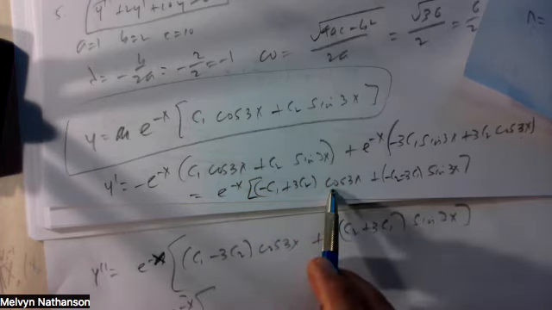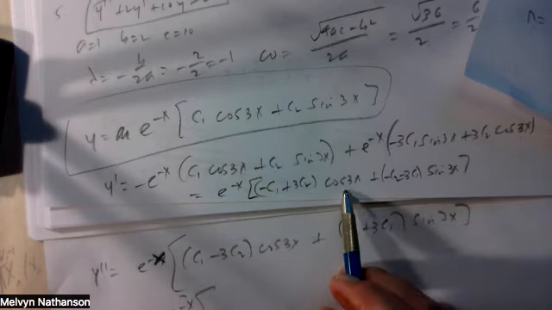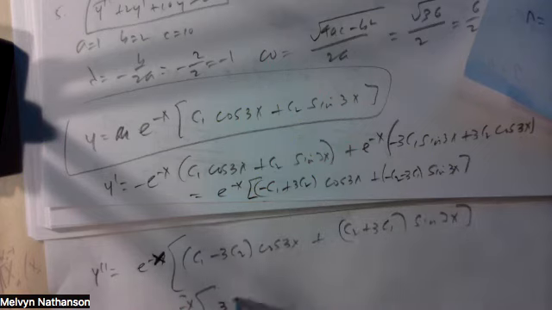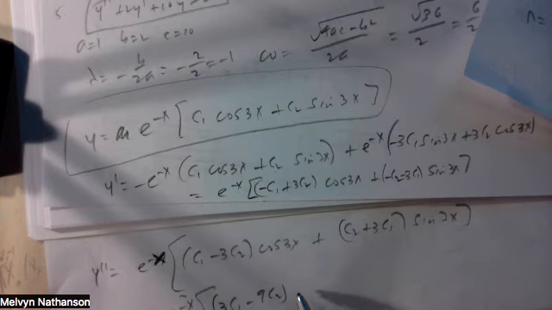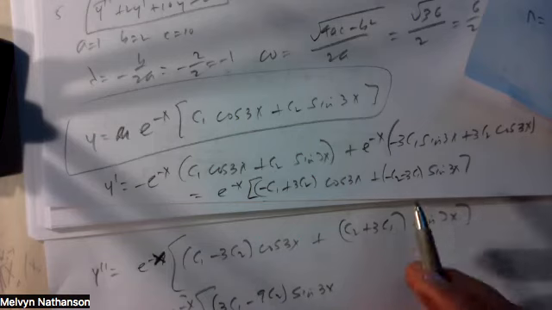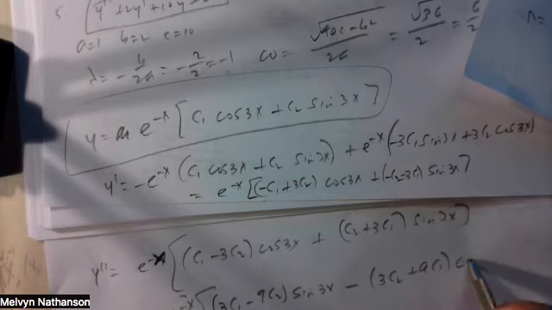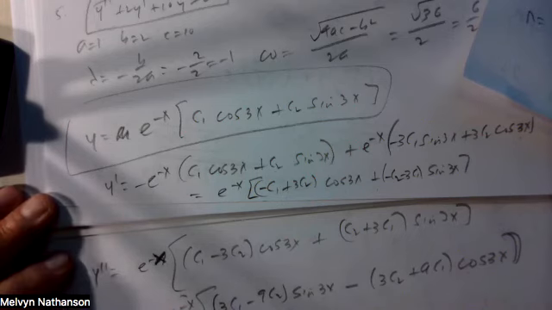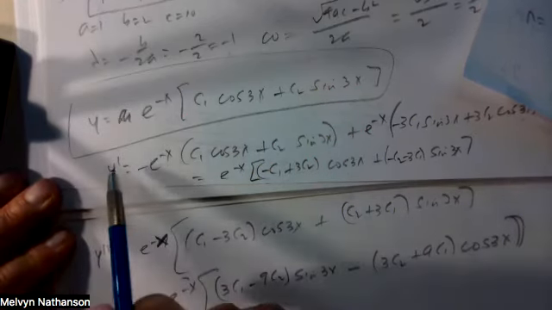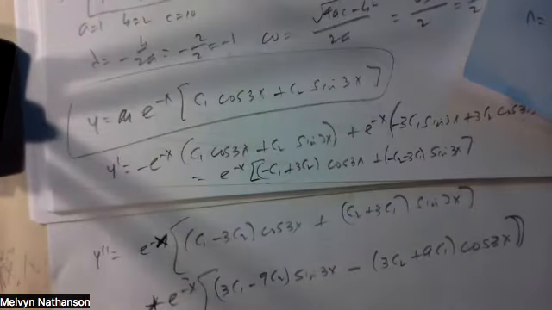The derivative of this is -3 times this, so it's (3C1 - 9C2) sin 3x, and 3 times this, so it's (-3C2 + 9C1) cos 3x. So that's y' and y''.